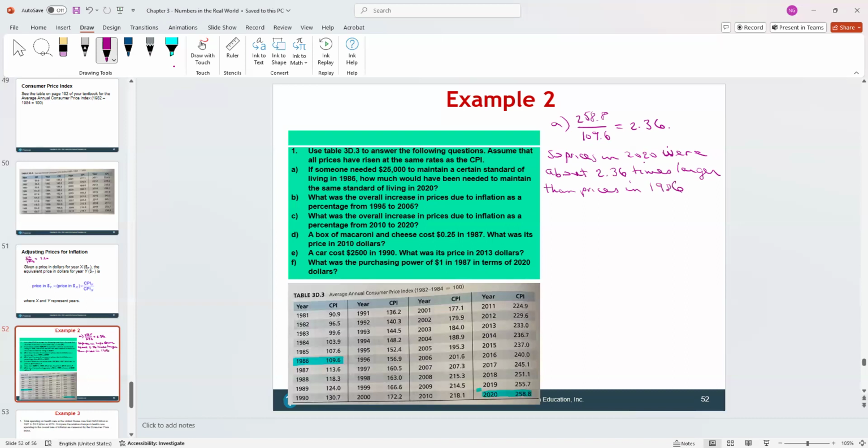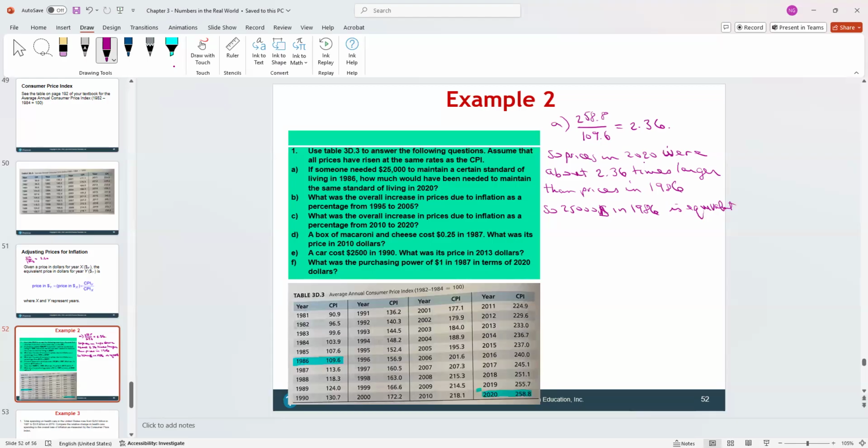So $25,000 in 1986 is equivalent to how much money in 2020?